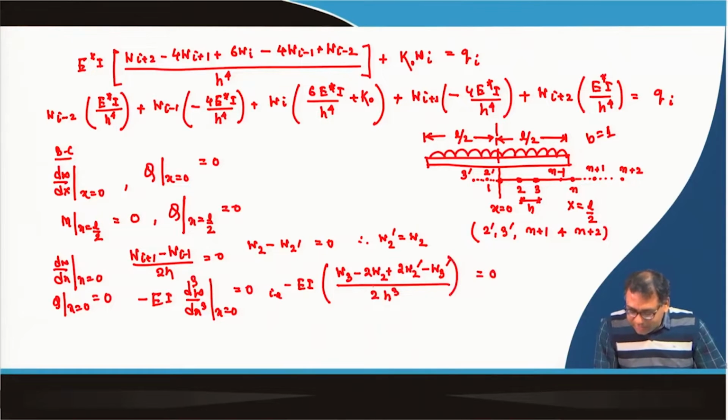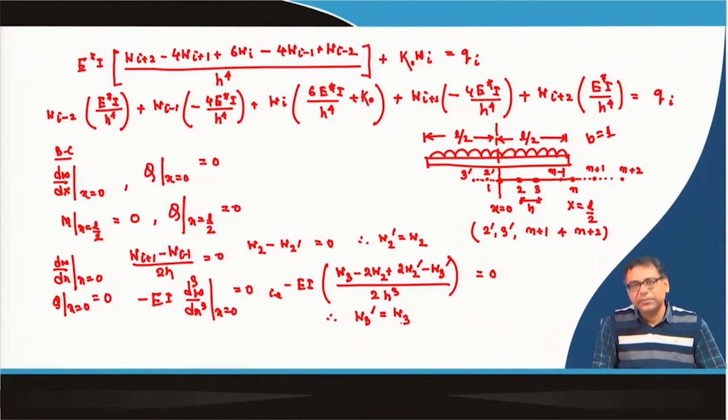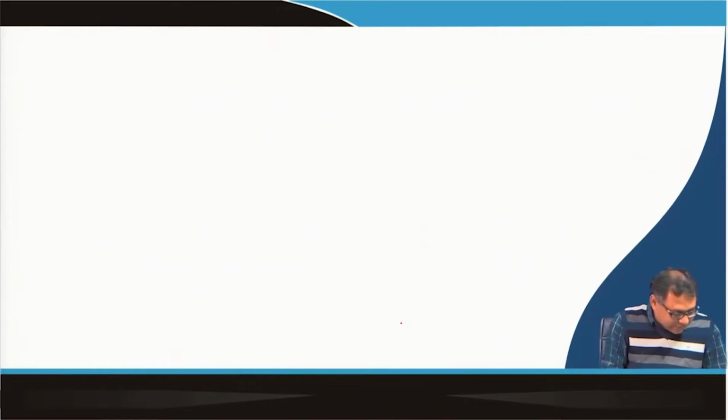Now here I know w2 is equal to w2 dash, so those parts will cancel. So, I can write that w3 dash is equal to w3. That has also been obtained by using the second equation.